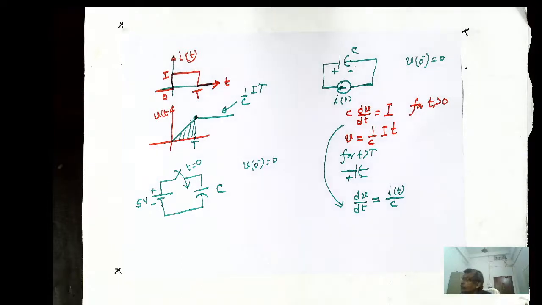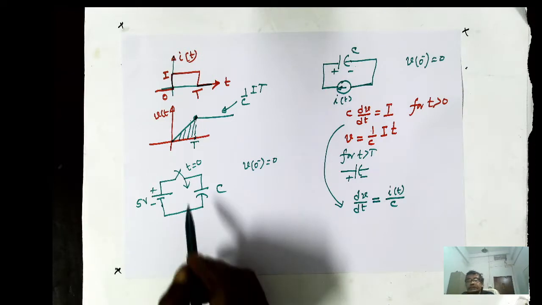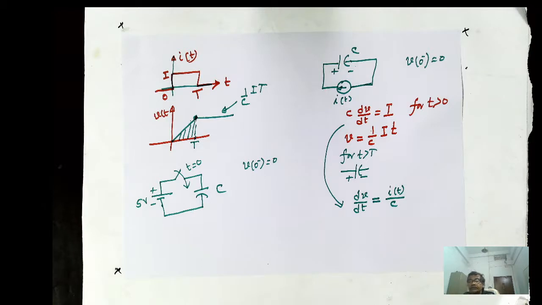What is going to happen then? Current is the cause, voltage developed across the plates of the capacitor is the effect. So at t equal to 0 minus, voltage across the plates of the capacitor was 0.